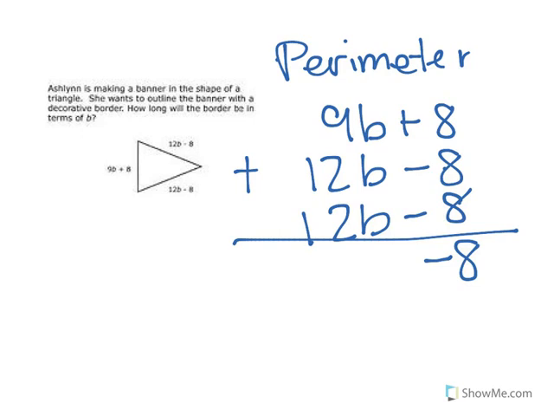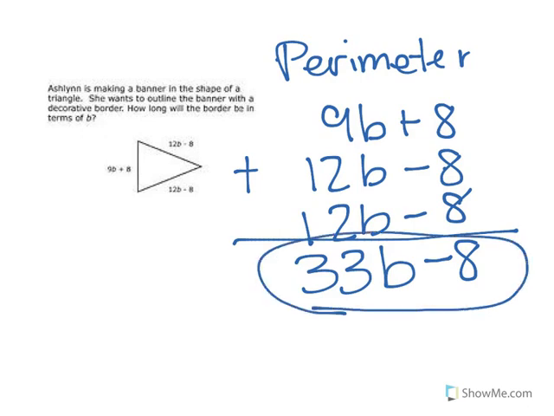And then 9 plus 12 is 21. 21 plus 12 is 33b. And that's your answer. That is the perimeter. I add up all the sides. And it's in terms of B because I have B in my answer. I'm not solving for B.